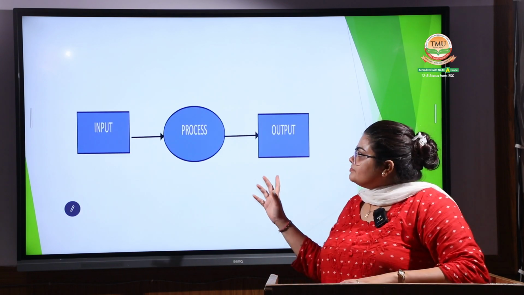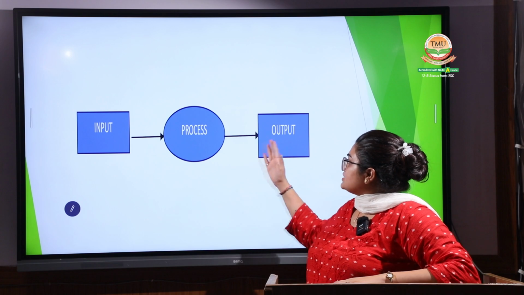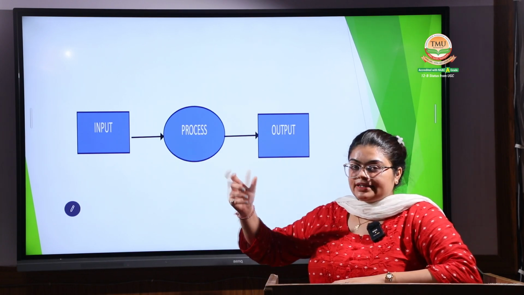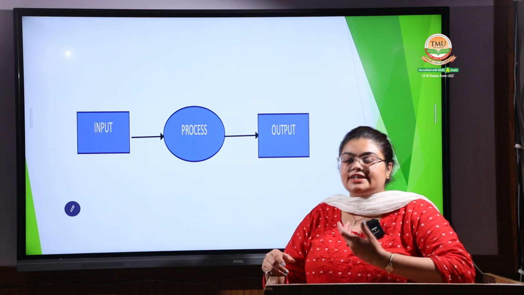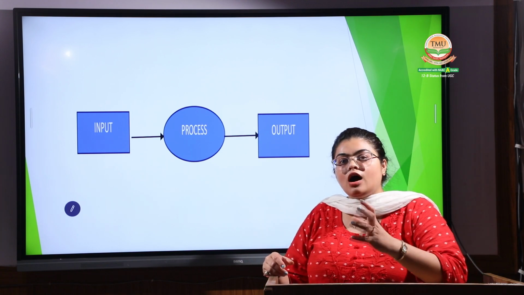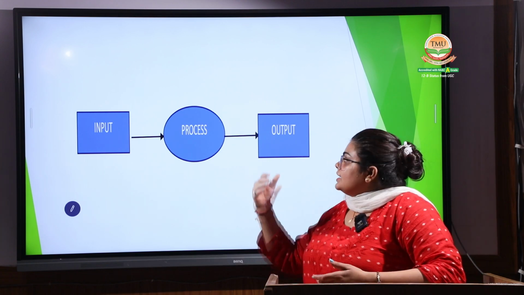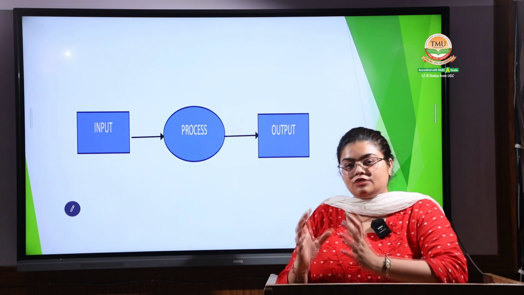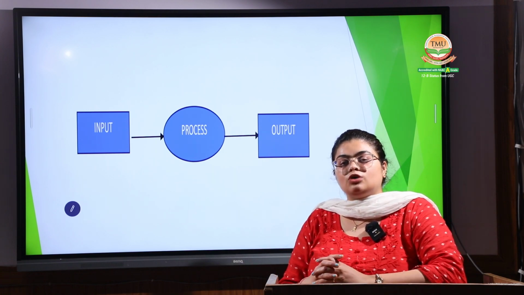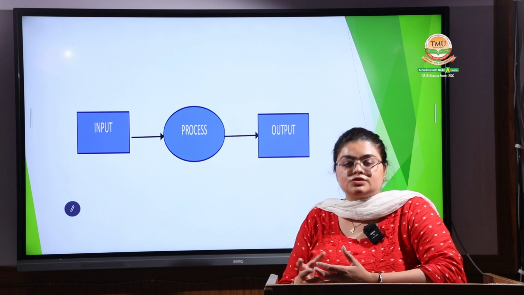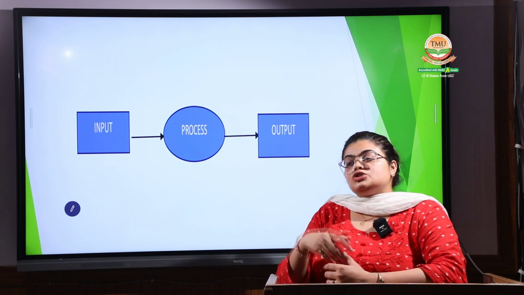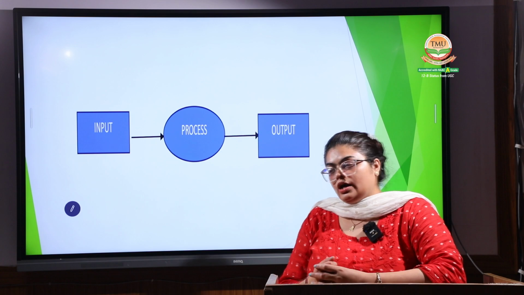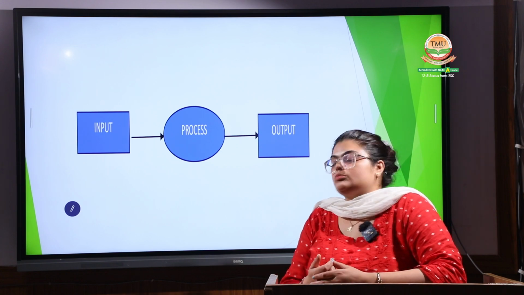Here is a diagram: input, process, and output. The input is taken from the user in the form of data, and data is considered as raw facts and figures. Second, process. The process is the set of instructions, programs, calculations, and logic used to change the data into a meaningful form, or meaningful information.